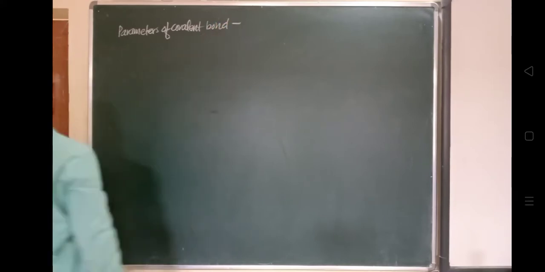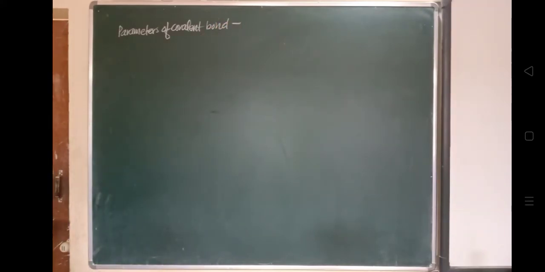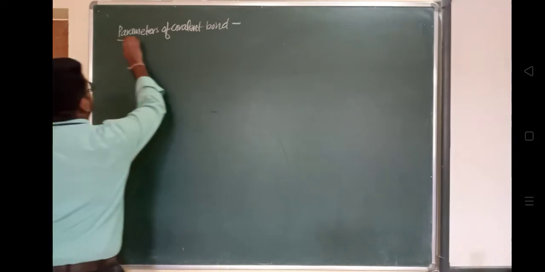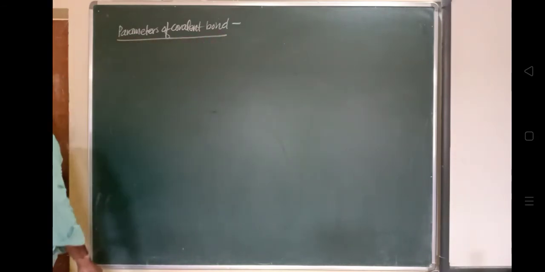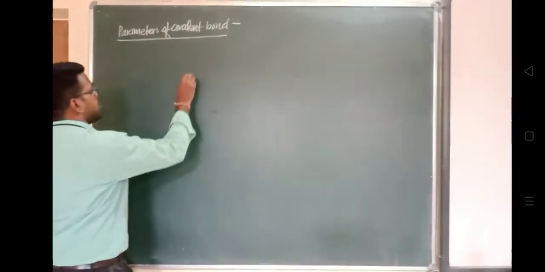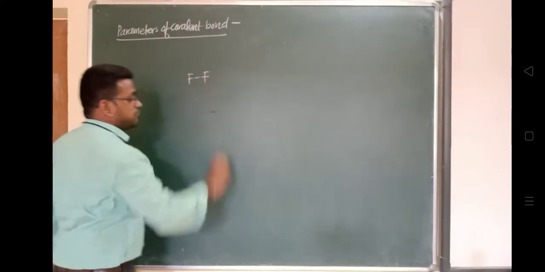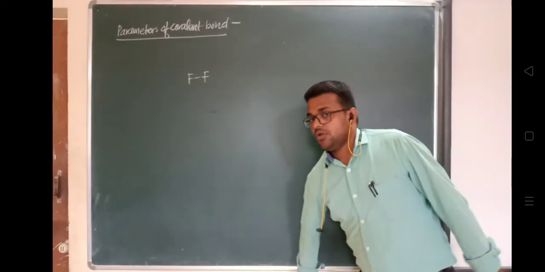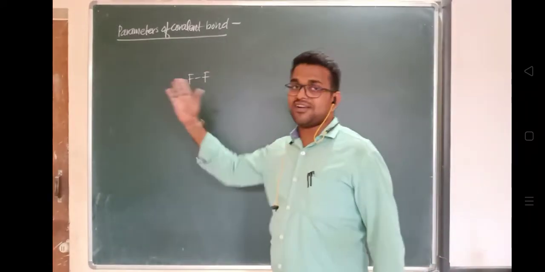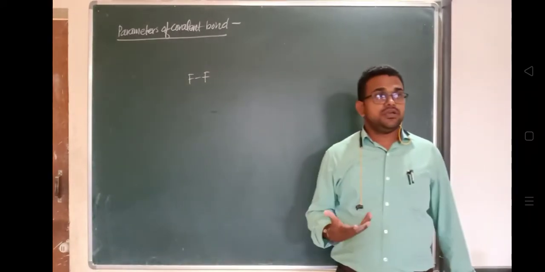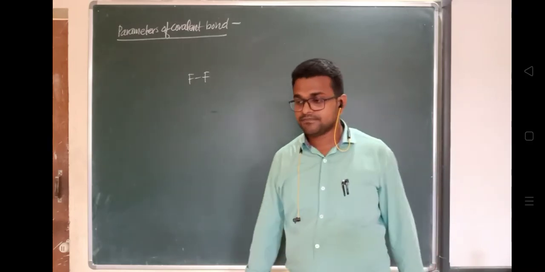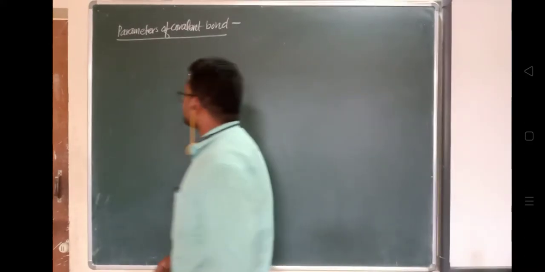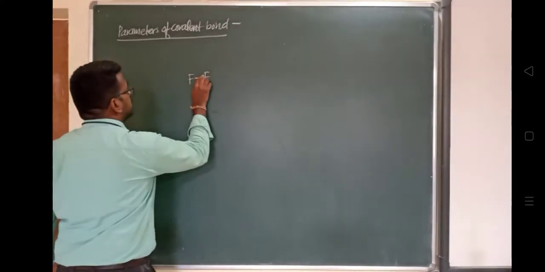So what are the parameters of the covalent bond? We have seen just now the formation of the bond. One bond is formed between, suppose, these fluorine atoms. Now what are the parameters associated with this covalent bond? One is the bond length. How much is the bond length? That will be written in terms of picometers. How much is the length of this bond?